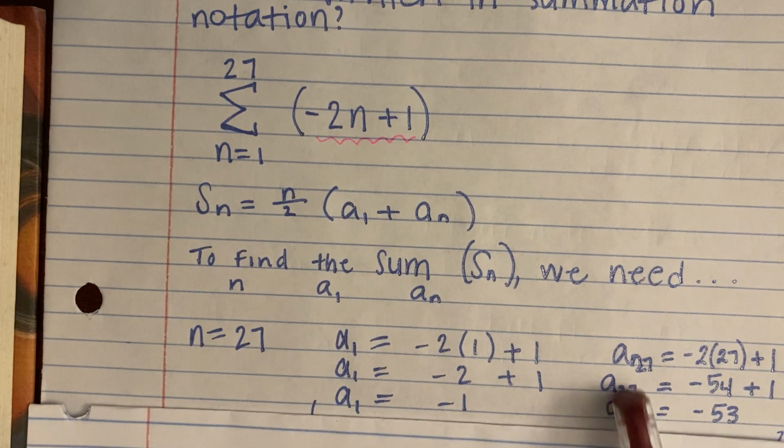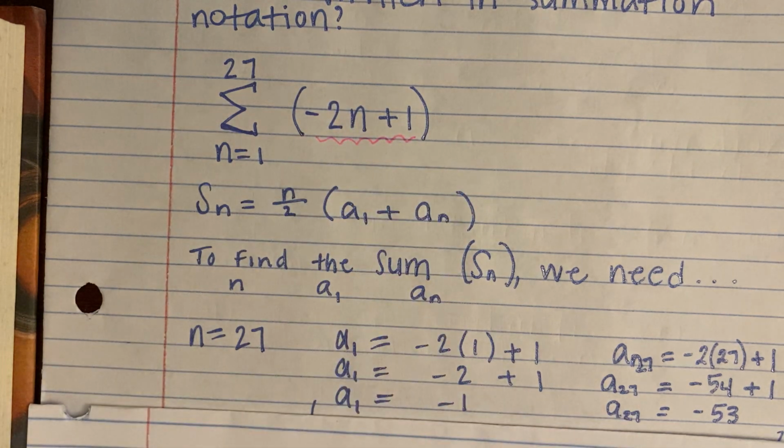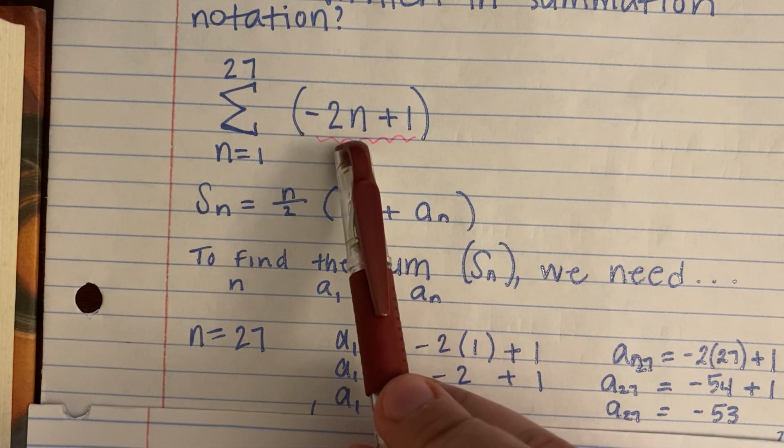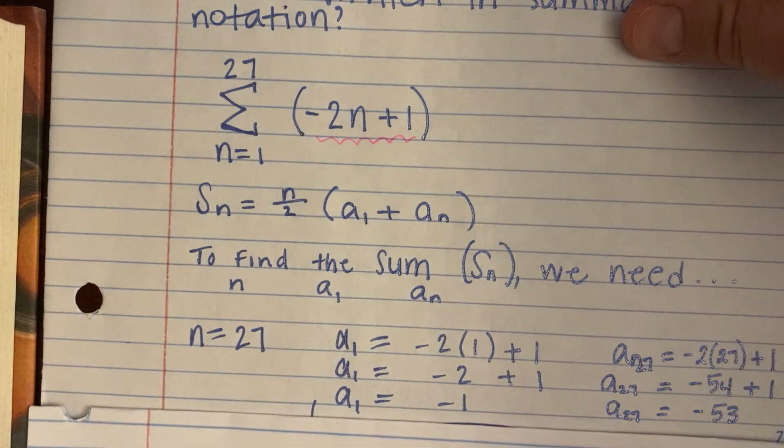You can do the same thing for the 27th term. To find the value of the last term in our series, we use the formula -2n plus 1, and for n we substitute 27. -2 times 27 gives me -54, plus 1 is -53. So the value of the 27th term in the series is -53.